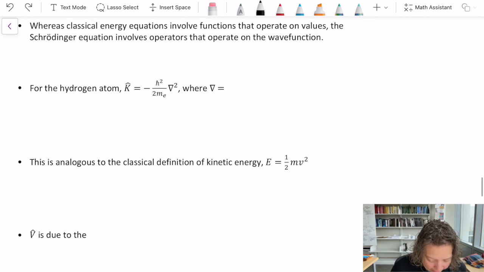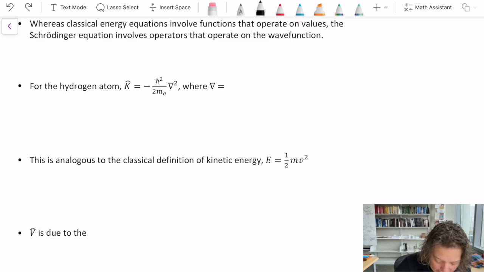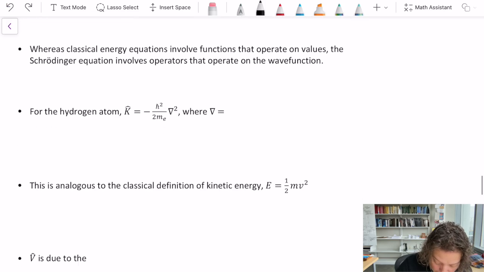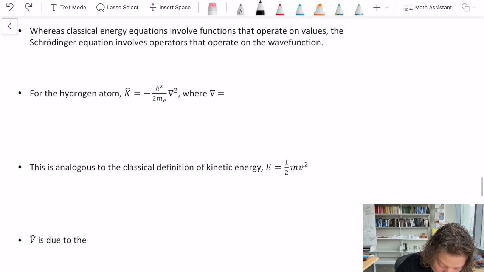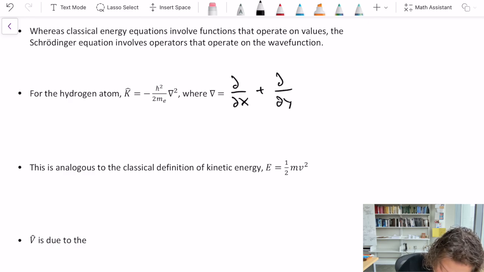So for the hydrogen atom, the kinetic energy operator, which I'm going to denote here as a K, is going to be equal to this quantity here. In this quantity, this nabla is going to be partial x, partial y, plus partial z.